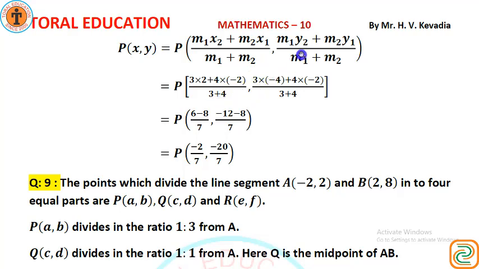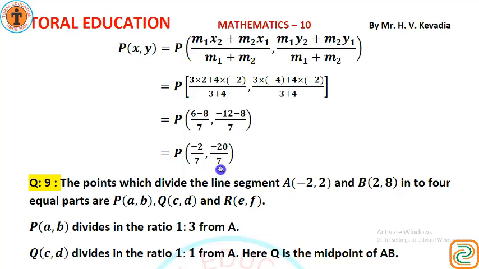Similarly, m1 is 3, y2 is minus 4 and m2 is 4 and y1 is minus 2 upon 3 plus 4. So 2 3s are 6, 4 2s are minus 8, 3 4s are 12 minus and 4 2s are minus 8. 6 minus 8, that is minus 2 upon 7, and minus 12 minus 8 equals minus 20 upon 7.